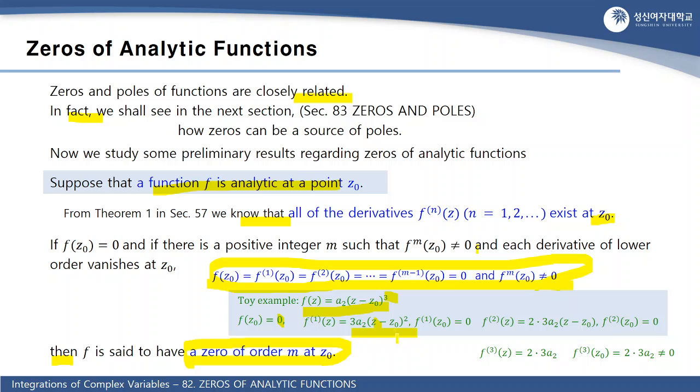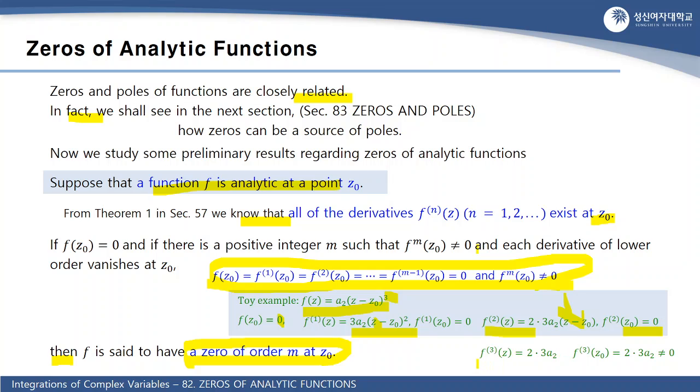Here, if we insert z0, then we get 0. And next, we consider the second derivative of f of z, which is equal to 2 times 3 times a_2 times (z minus z0). Then the second derivative of f at z0 is equal to 0. It is also quite easy to see that.